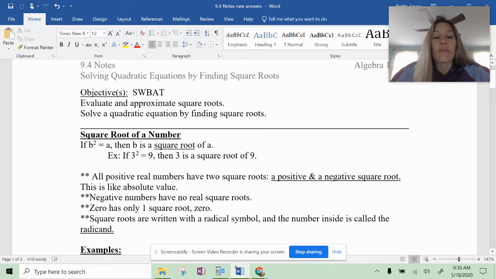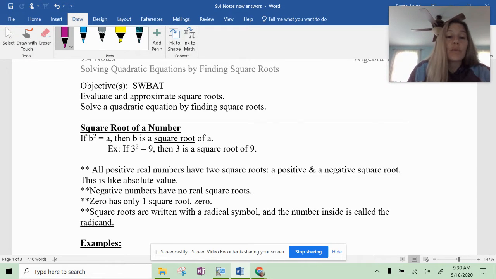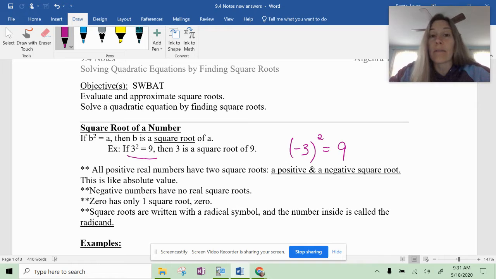And that's because if you think about it, what is a square root? If you have a number like 3 and you square it, you would get 9, right? Because 3 times 3 is 9. However, if you have a number like -3 and you square it, that would also be positive 9, because -3 times -3 is positive 9.